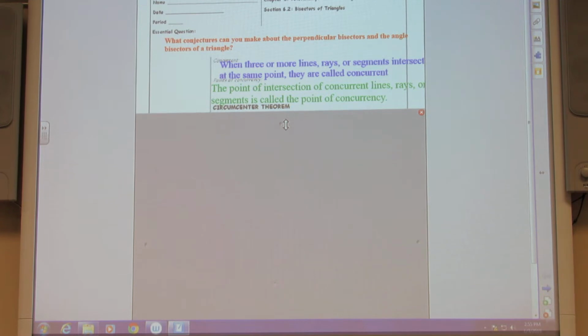For our triangles, we have several different points of concurrency based on the type of lines that meet, and we have different names for them. What we're looking at today is the circumcenter, which is the first thing, and the incenter, which is the second thing.